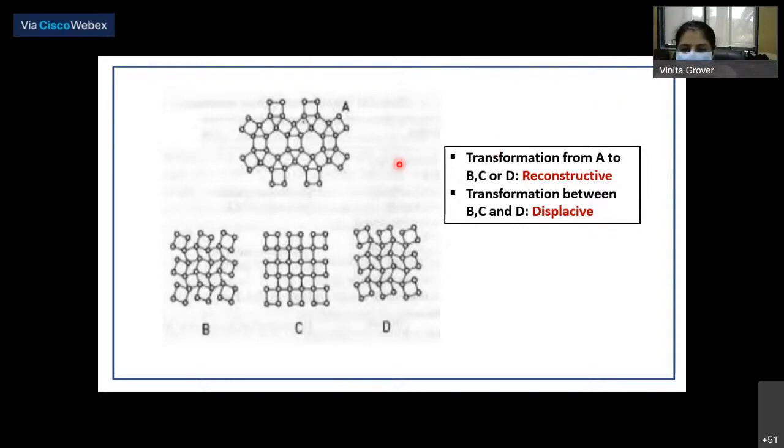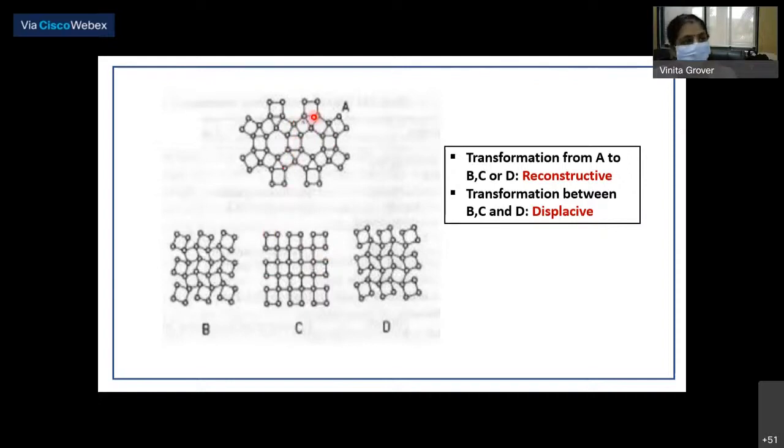Repeat the last example. Okay. The last example is not even an example. I thought this should be pretty clear. Suppose you have linkages like this and you want to change this into any of these three. It is very obvious that you will have to break some bonds and form some bonds.